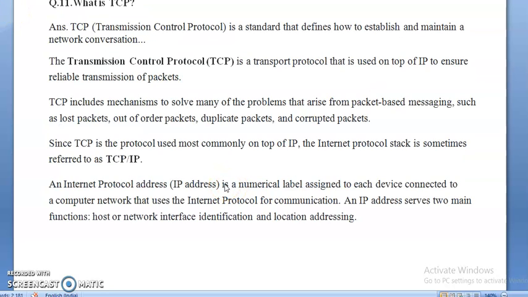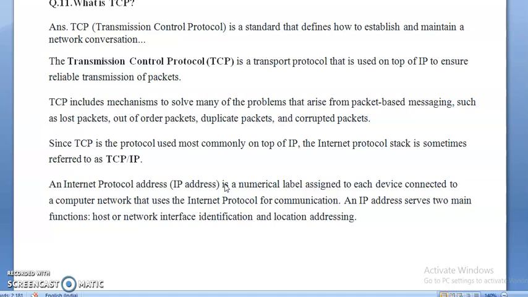It means TCP makes sure that the data, once moved out of a source computer, must reach its destination correctly. And for that, it needs the address of the destination computer.